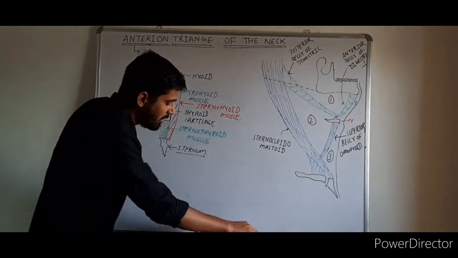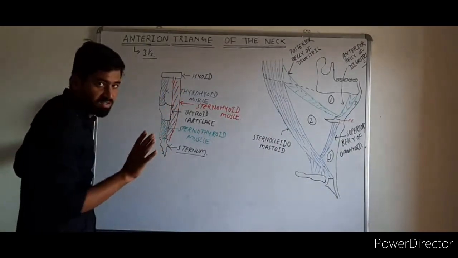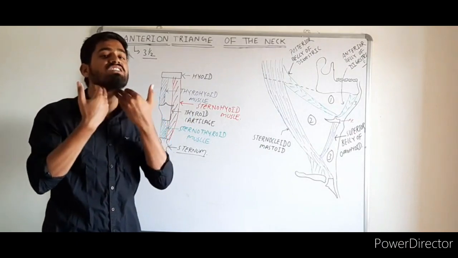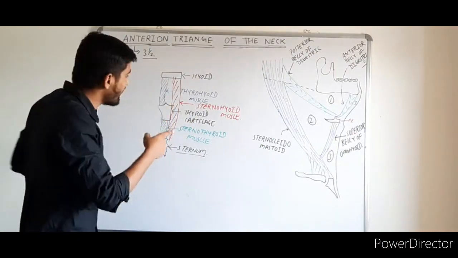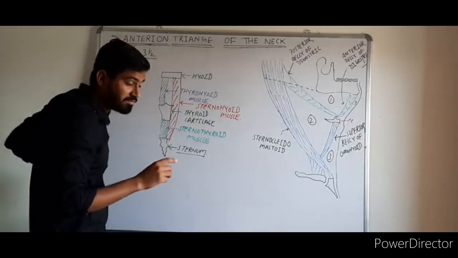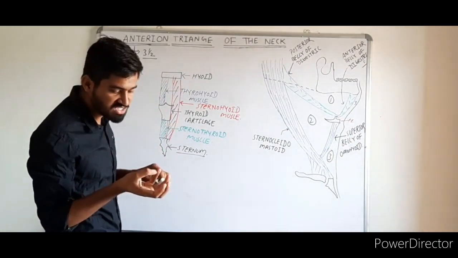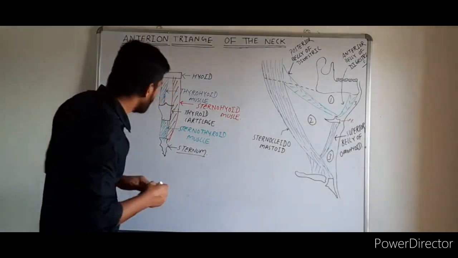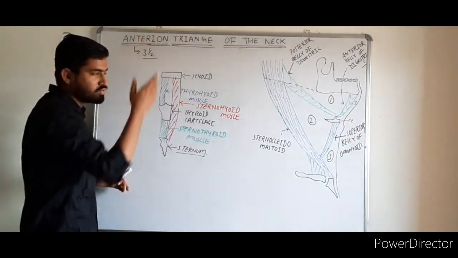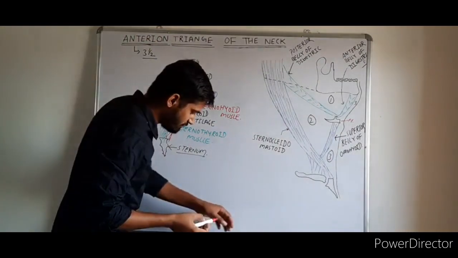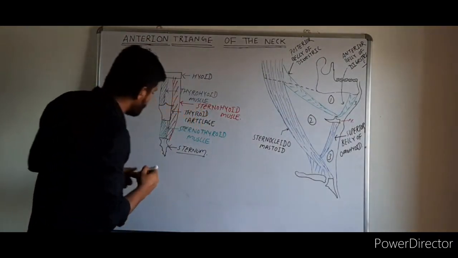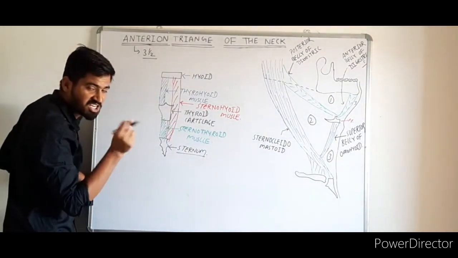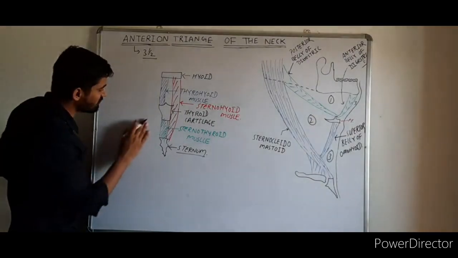From the side, the muscles of the pharynx: the thyroid cartilage is here, and this area is the pharynx area. From here some muscles come, the muscles of the pharynx: the superior constrictor, middle constrictor and inferior constrictor of the pharynx. The superior constrictor is above, so we should not go into that. Now I am showing the middle constrictor and the inferior constrictor of the pharynx.